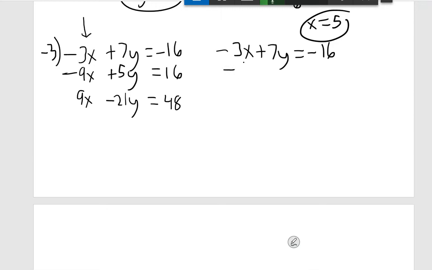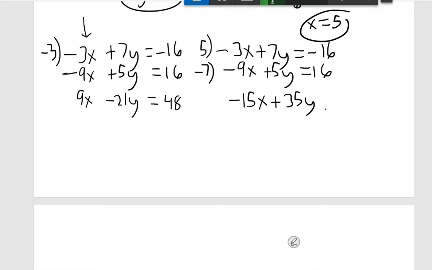We also could take, if we wanted to eliminate the y, we could times the top equation by 5 and the bottom equation by -7. That's going to give us -15x plus 35y equals 16 times 5, which is 80.